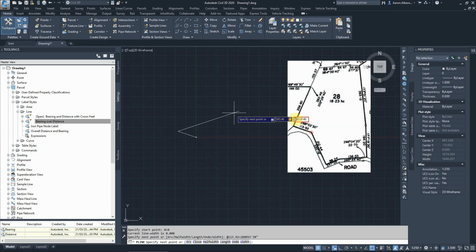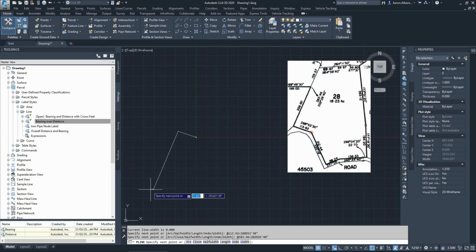Sorry, that's 202, not 02. 202 degrees, 26 and 40 seconds. Okay, enter, and that's incorrect. Rather than drawing the line upward, it's drawing the line downward.